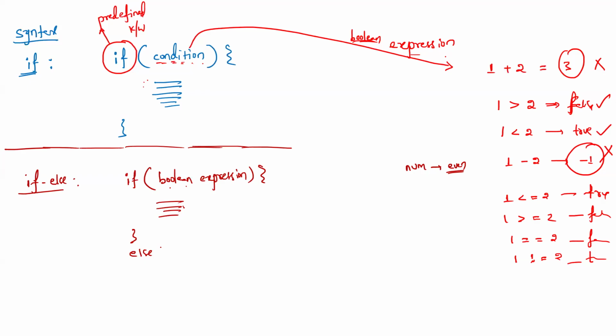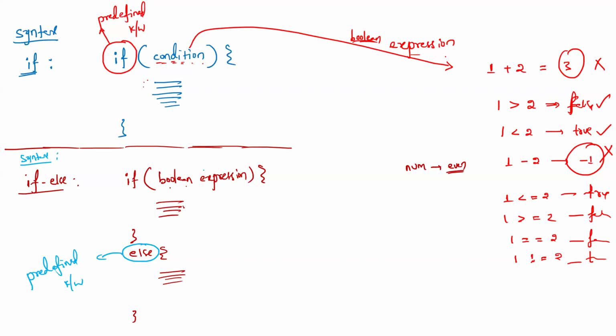If you're writing some parenthesis with some condition for else part, then that is syntactically incorrect. Else is also a predefined keyword only. This is the if else syntax. Am I clear? We'll go for examples for all this, but as of now, I'm just talking about syntax only.